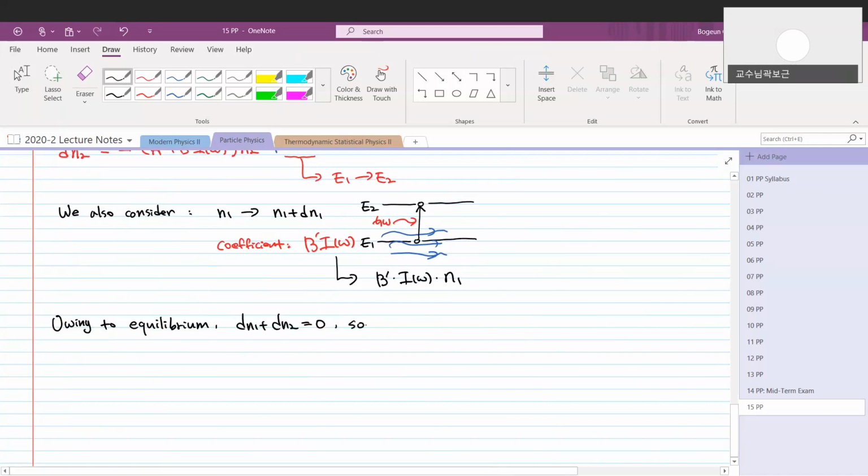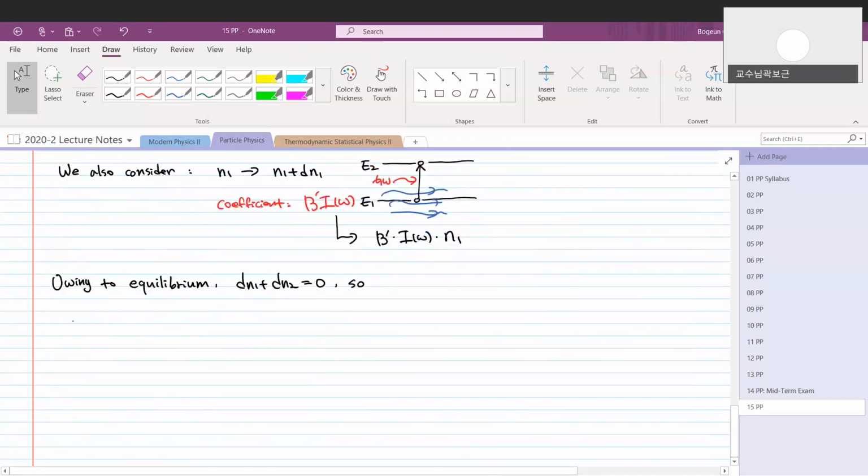So according to that, again, the change in N2 equals minus the change in N1.